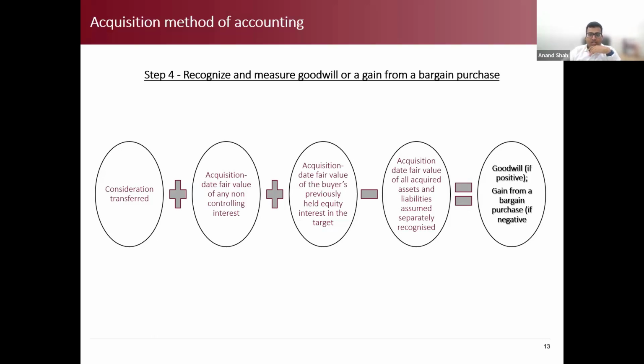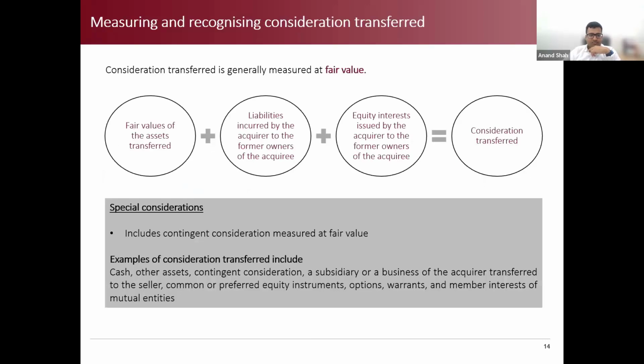The balancing number will be goodwill if it's positive, and if it's a negative number, that is, if the net consideration is lower than the net assets acquired, then it means it's a bargain purchase. The first point here was measuring and recognizing the consideration transfer.